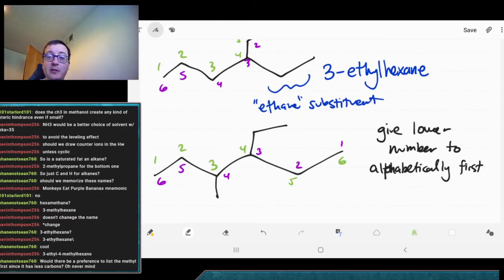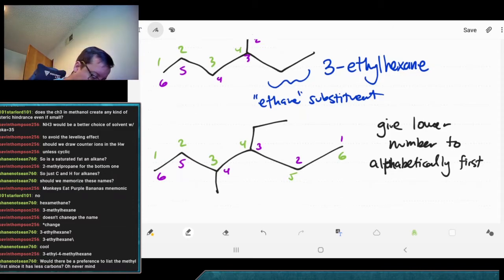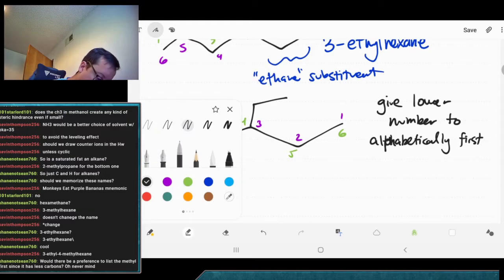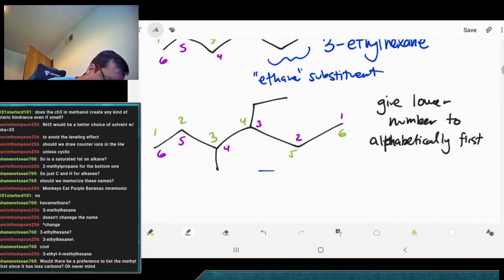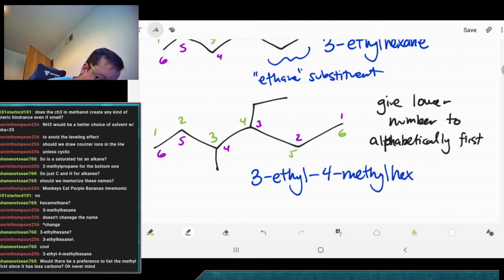Indeed, so the preference here is alphabetical. So we're going to see that that's the case. In this case, yes, we're going to get 3-ethyl, 4-methylhexane.